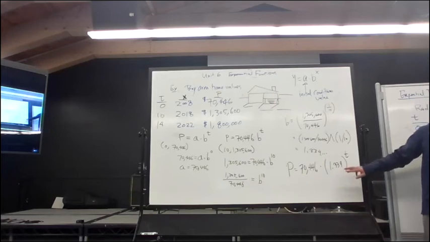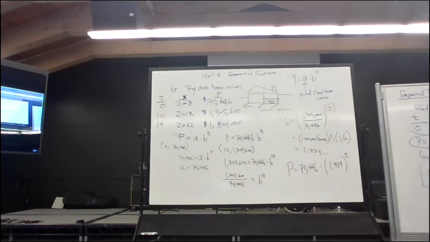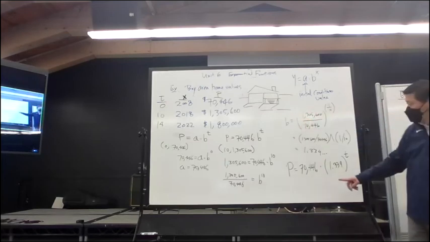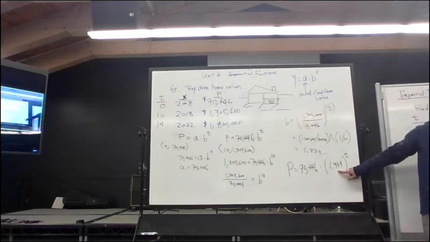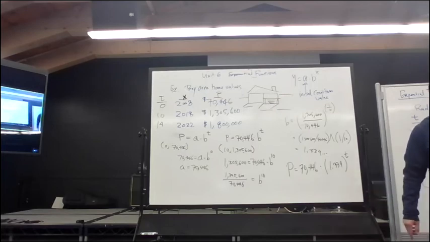Whatever the remaining number is turns out to be the rate of increase. So what that means is that this house is increasing in value at a 33% a year growth.